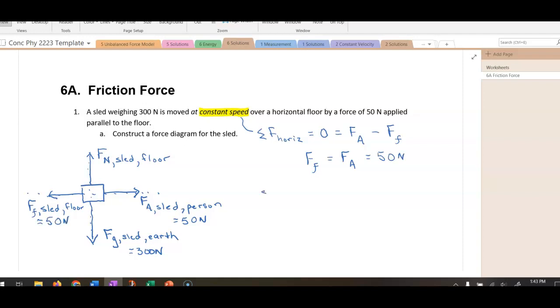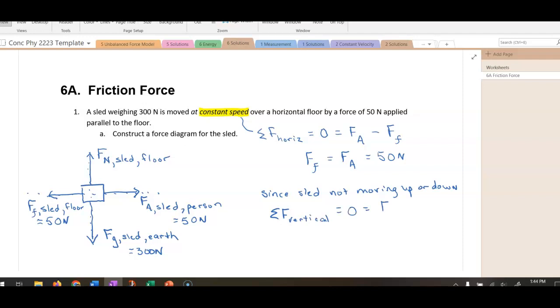And since the sled is not moving up or down, the net force in the vertical direction is also 0.